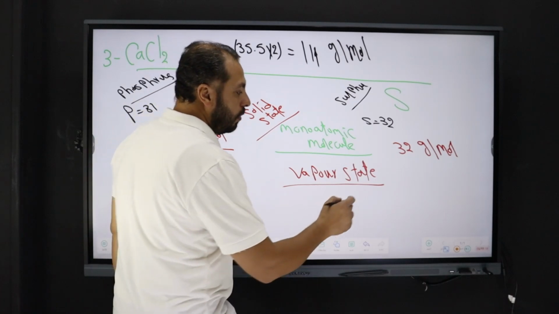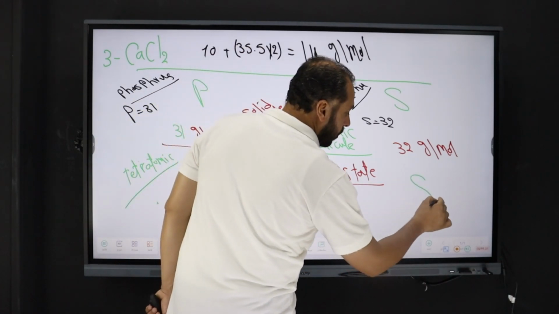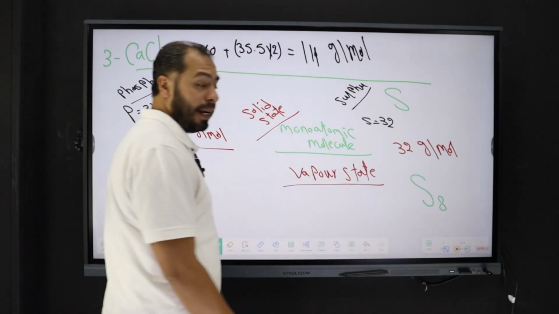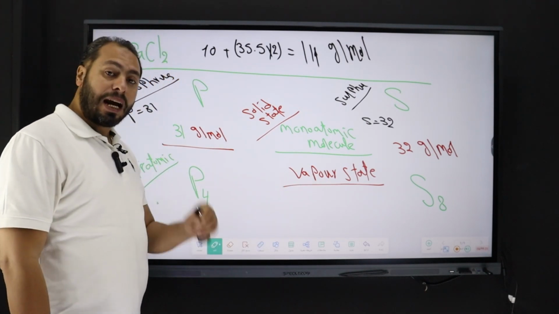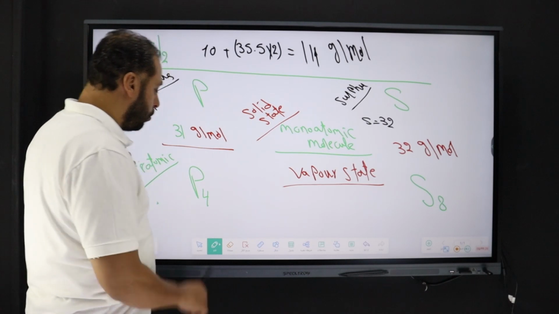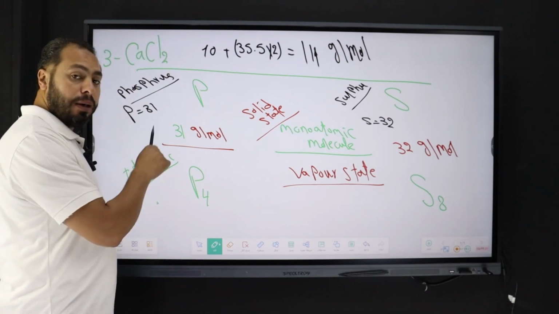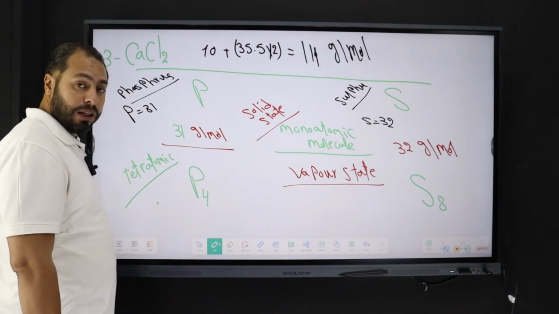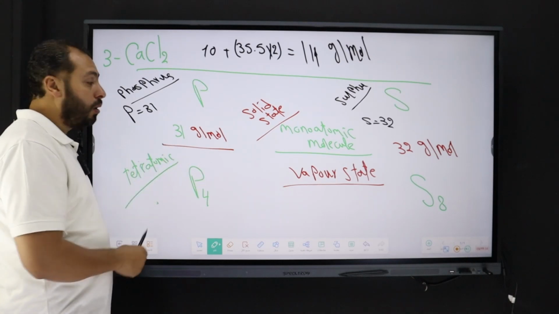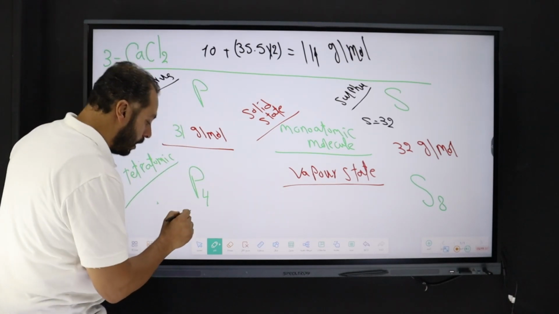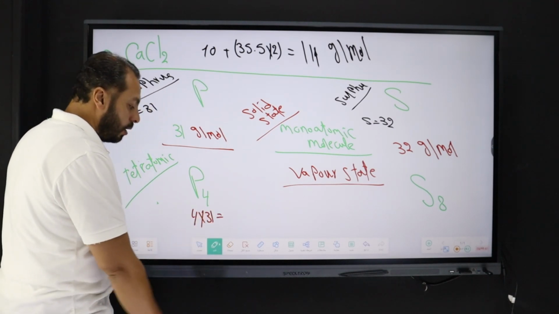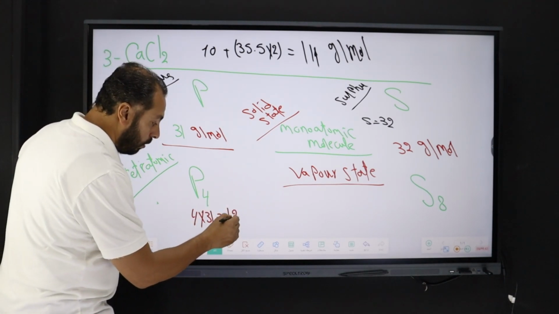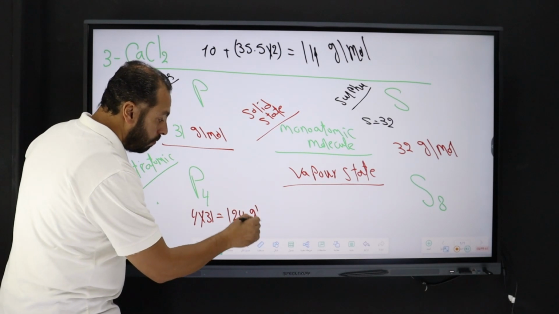But in case of sulfur, its formula is S8. Each molecule consists of 8 atoms. So if we want to calculate the molar mass of phosphorus in the vapor state, it will be another number from the solid state: 4 times 31 equals 124 gram per mole.